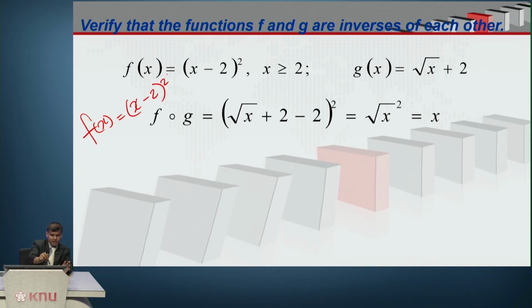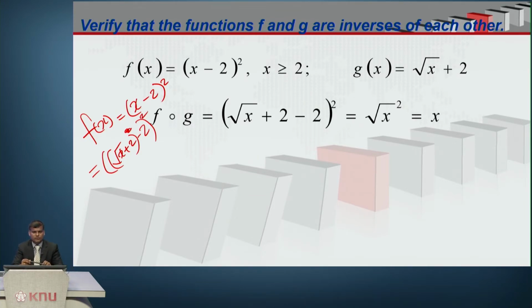That's what you had, and in place of x I am replacing root of (x plus 2), and then I am putting a minus 2 there as well. So in fact we are having the whole square over here.